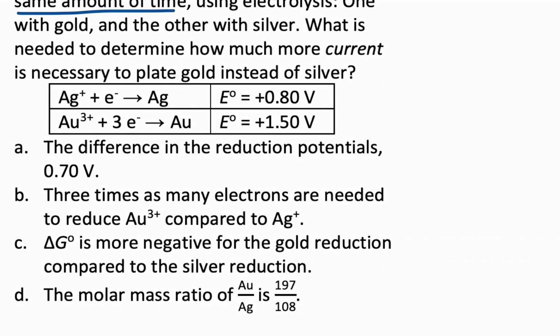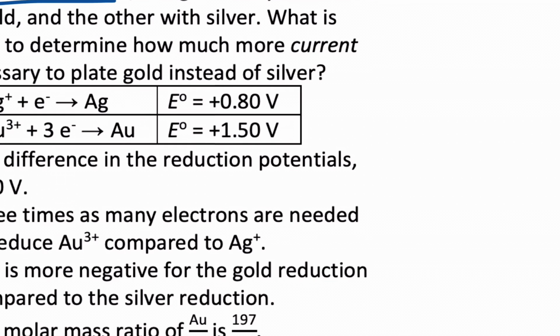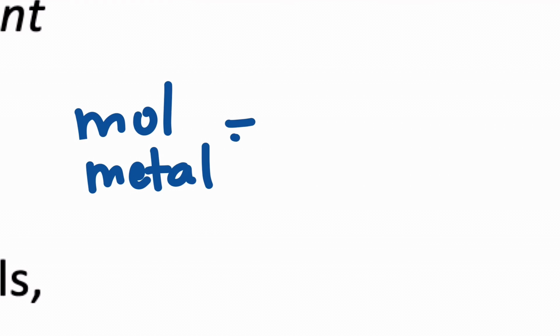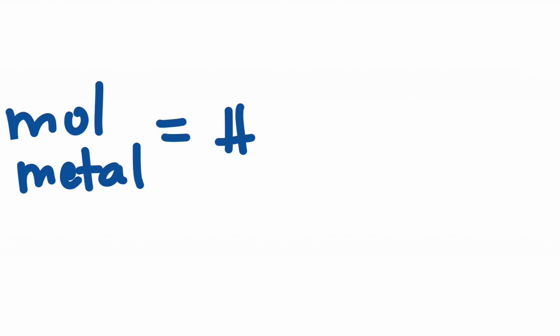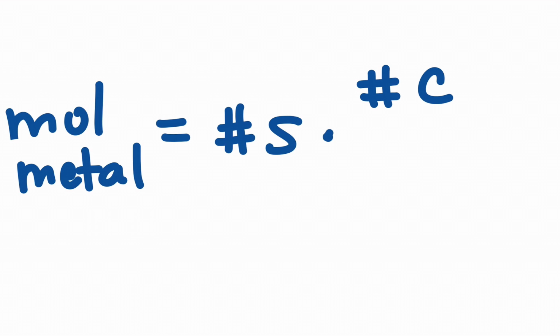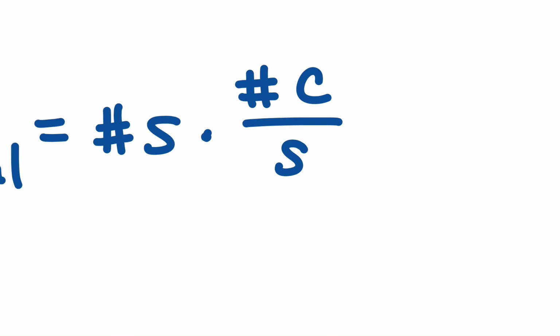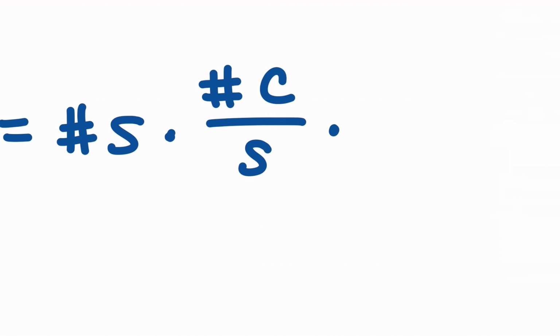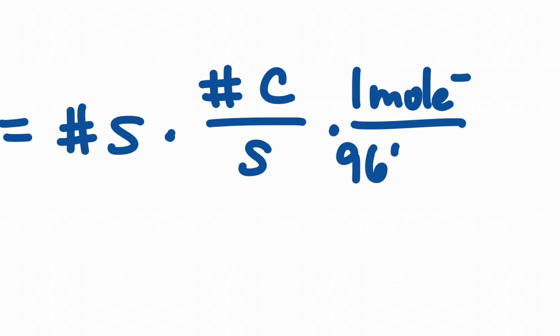What do we need to know to determine how much more current is needed for plating some amount of gold versus silver? Well, thinking about dimensional analysis, the moles of the metal could be found by some amount of time, times some amount of current, which is a coulomb per time, times Faraday's constant, 1 mole of electrons per 96,485 coulombs.